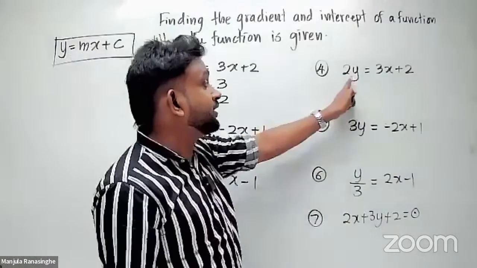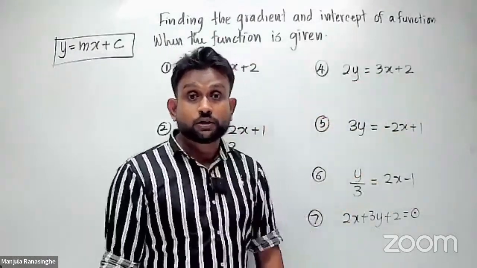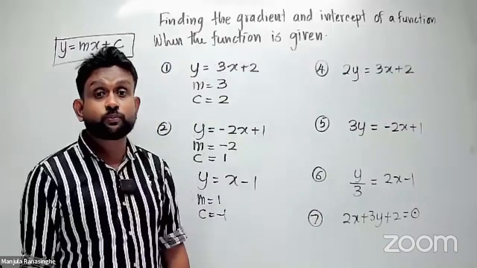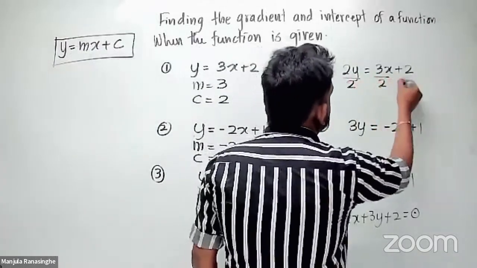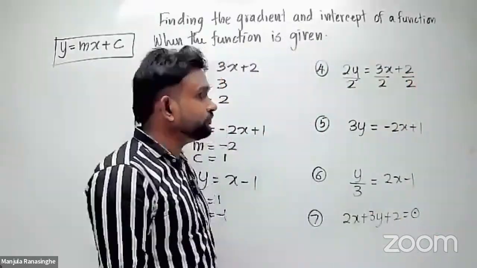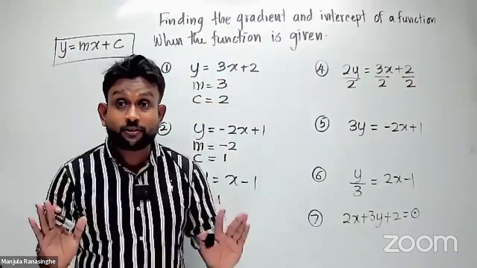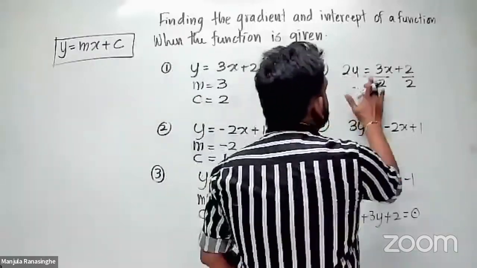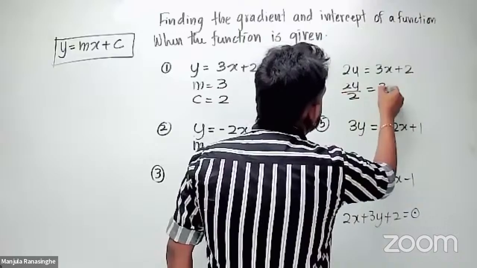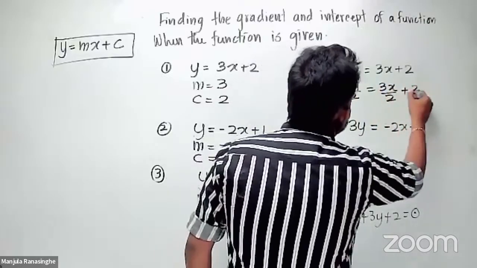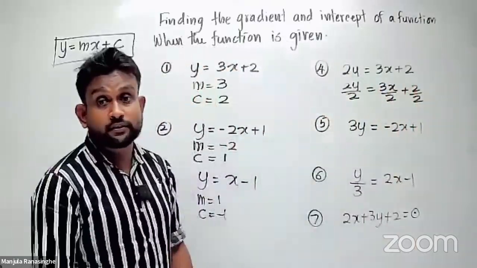Now check here, 2y equals 3x plus 2. Just divide all the terms by 2. Why? Because y is not the subject, so I go to the next step and divide all the terms by 2, to make y the subject.